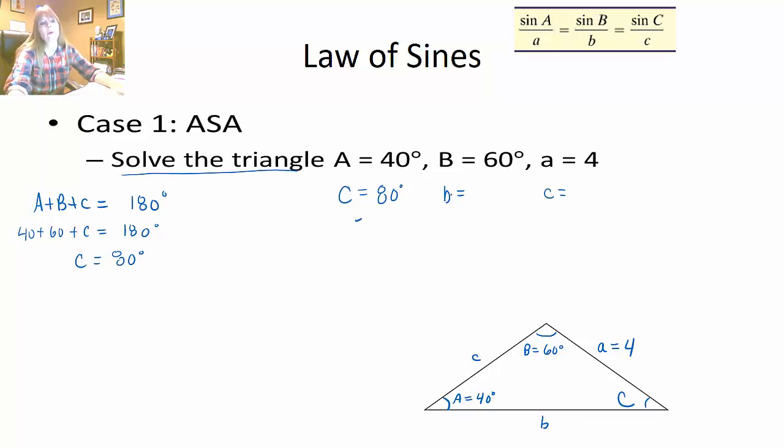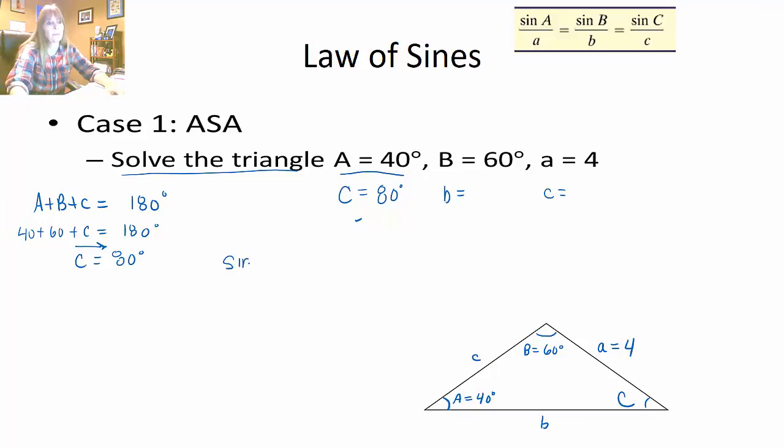Now if I want to find little b, I'm going to pick something where I already know both values. Typically you don't want to use an angle that you calculated, because what if you made a mistake? So I'm going to use the angle that's given to me whenever I can.